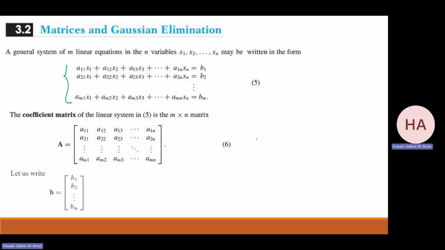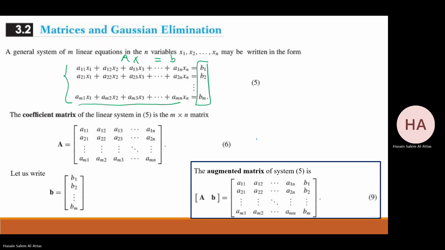And then I have this one, it's just the vector which is the right-hand side. And this one is A times X, the matrix A times X, and it's equal to the vector B. So we have this system: AX equals B.